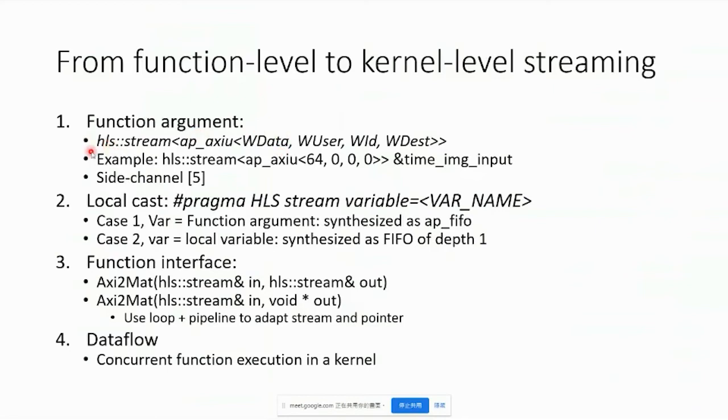This is already covered by the textbook. We can have an HLS stream, and we have the AP arbitrary precision data type for streaming. The first is data width. The second to fourth are side channels. Side channels can be found in the reference.